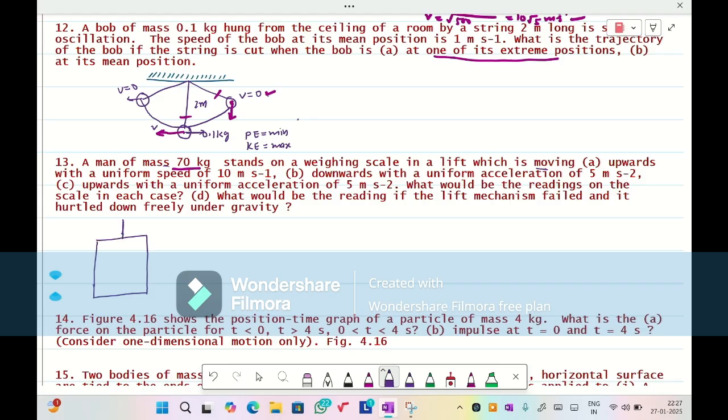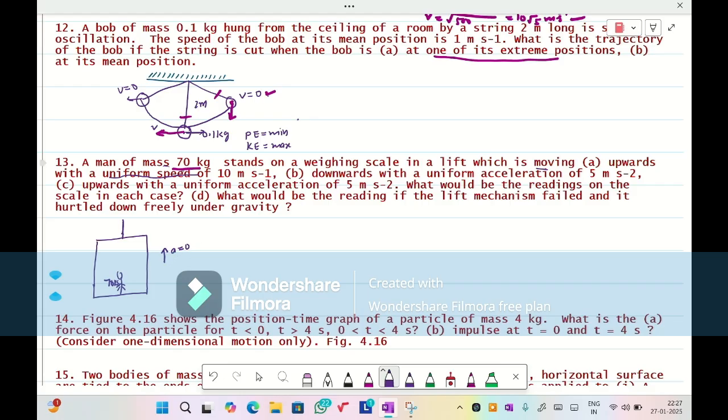The mass of the lift is not given anywhere, only the mass of the 70 kg man on the floor of the lift. Now it is moving upwards with uniform speed. Uniform speed means acceleration 0, so a is equal to 0, whether upward or downward.